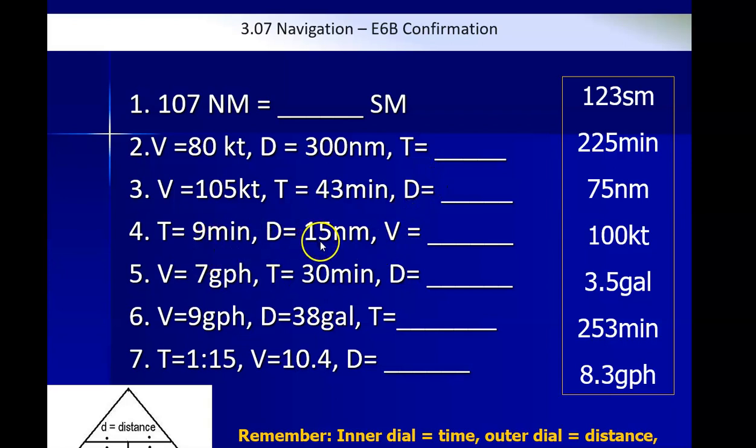Give you your minutes and your distance, and find your velocity, and then your gallons per hour. Just put the reference triangle on the 7. Read the B scale 30 minutes, and that will give you how many gallons you're going to burn.